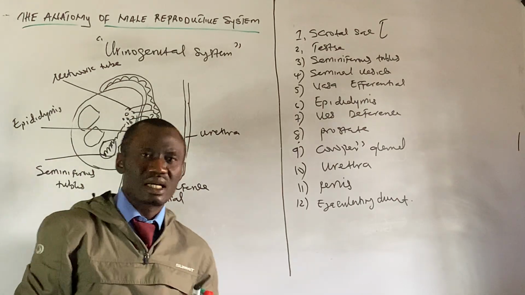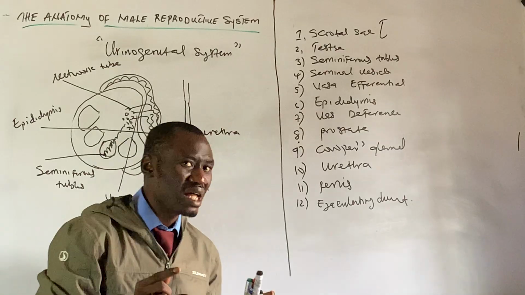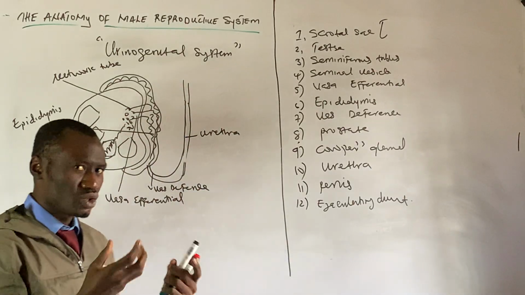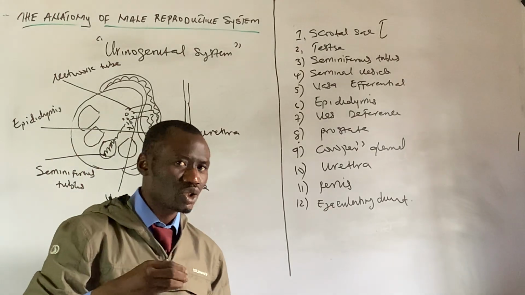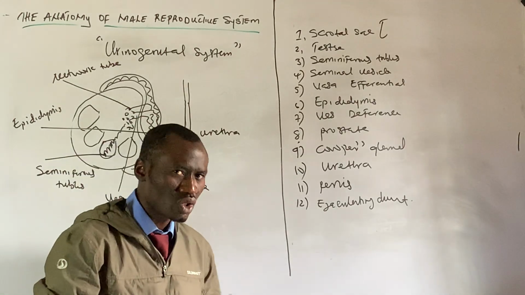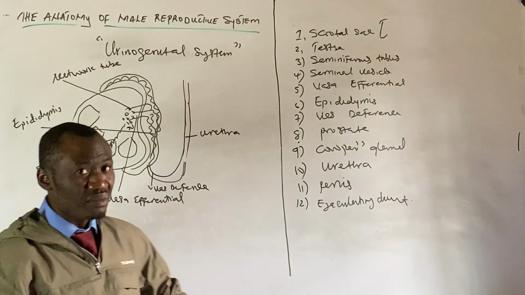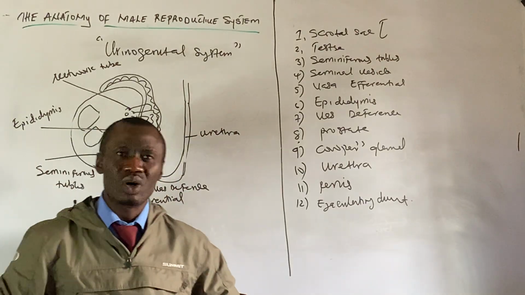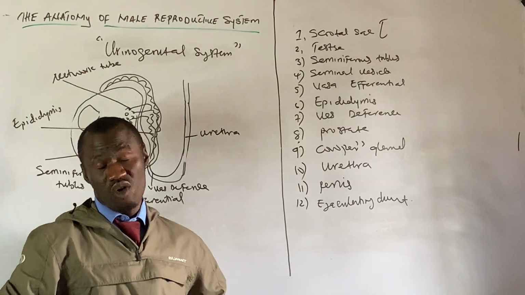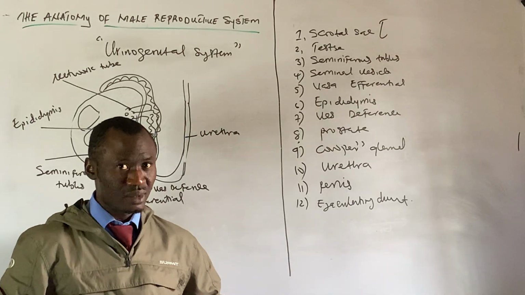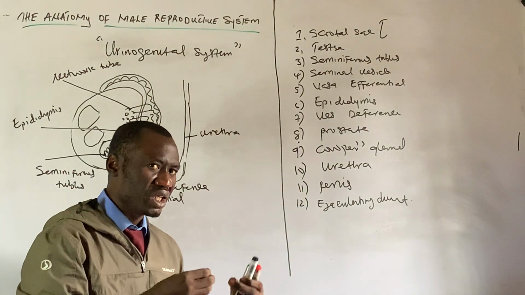The scrotal sac provides a home for the two oval testes. Moreover, it provides a temperature 2 to 3 degrees Celsius lower than the normal body temperature, because high temperature reduces the efficiency of sperm production.